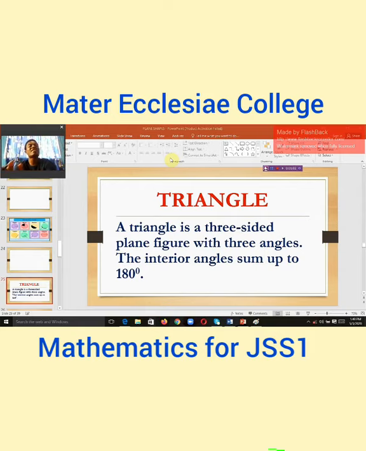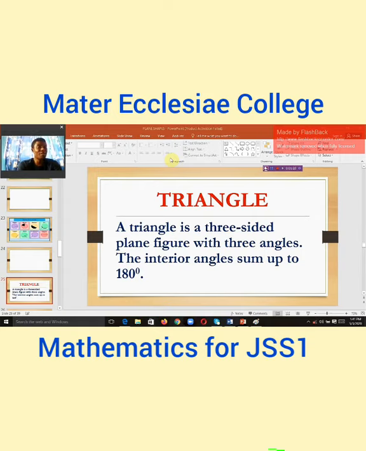Since it has three angles, it also has three sides. In fact, for a regular polygon, please note this: the number of sides is always equal to the number of angles, and it's always equal to the number of vertices.